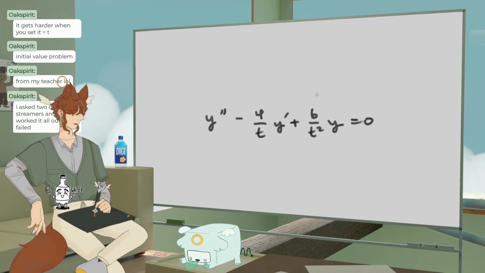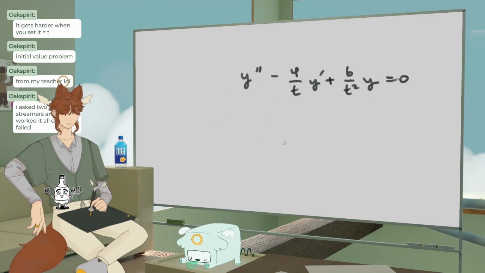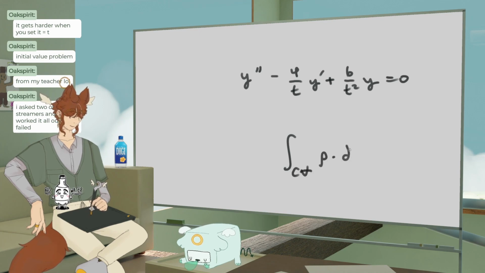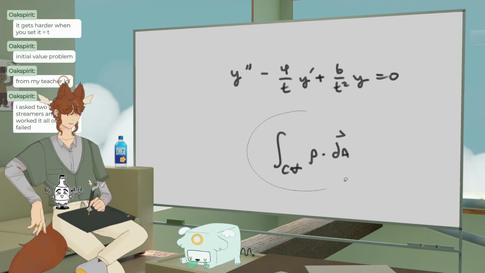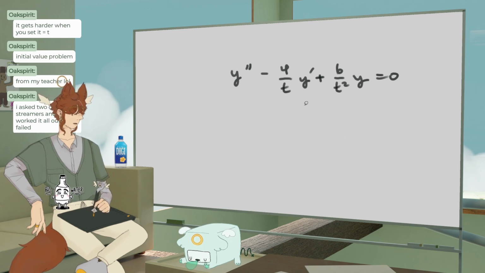Well, here's what I'm going to tell you. It's been a year since I've done most of my math, and most of my math is just saying like, what's the integral over a control volume of rho dot dA vector, stuff like that. So I mostly do multivariable applied and other stuff.